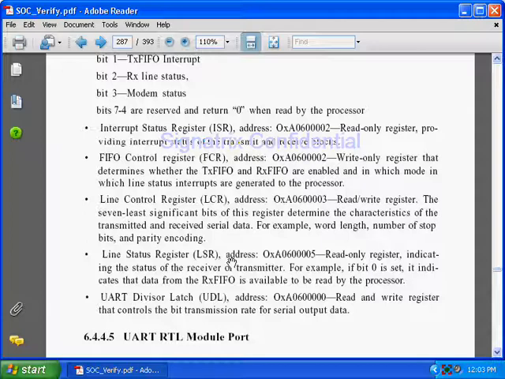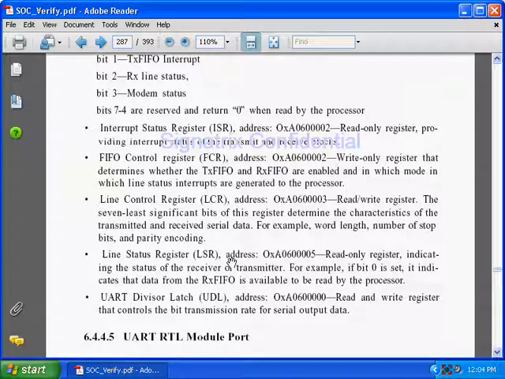The 7 least significant bits of the register determine the characteristics of the transmitted or received serial bits. They tell what type of data you have received, how many bits you have received, whether you are using even parity or odd parity, and how much data you have transmitted. All those things are taken care of by the line control register.